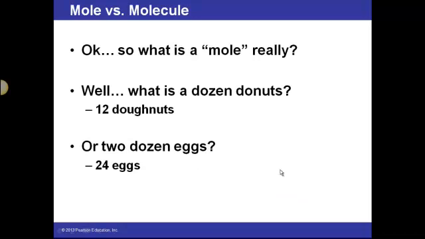So we've already talked about our concept of a mole being a number of units. And so our mole is very similar to what we would say if we had a dozen. We know that a dozen donuts would be 12 donuts, or 2 dozen eggs would be 24 eggs. So a dozen means you've got 12 things. Our mole really means that we have 6.02 times 10 to the 23rd things.